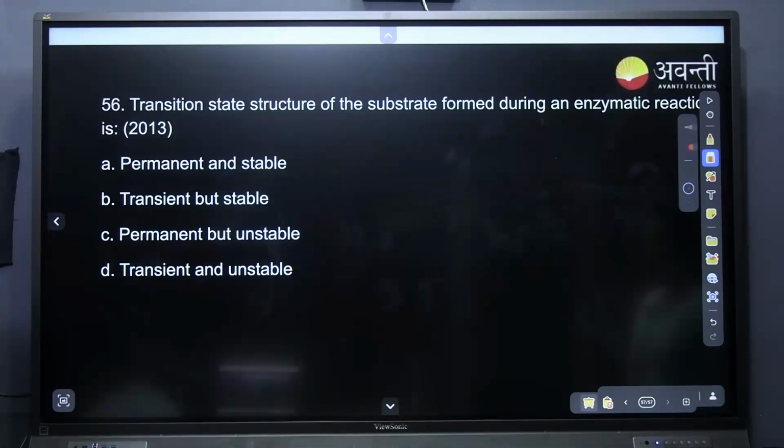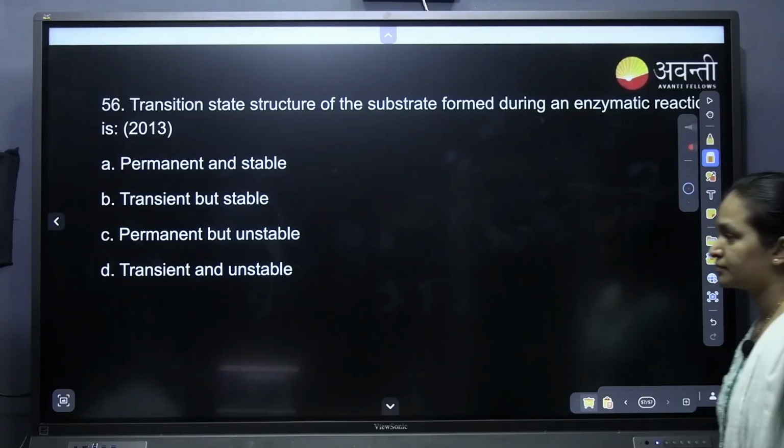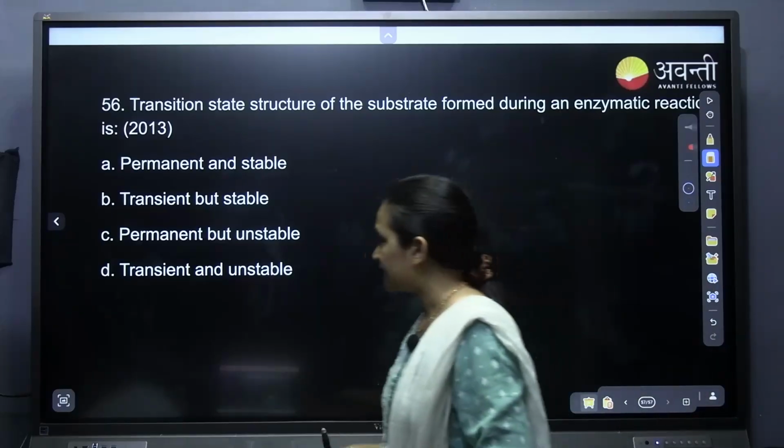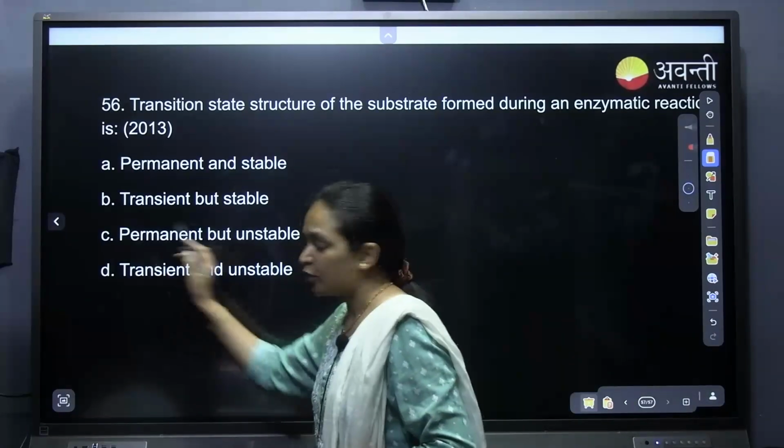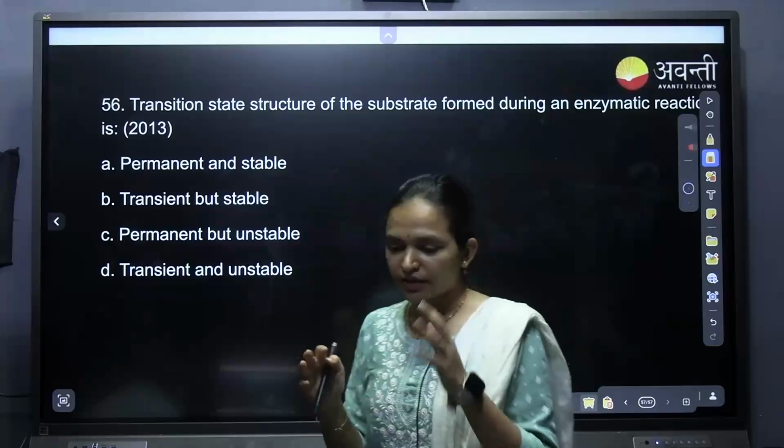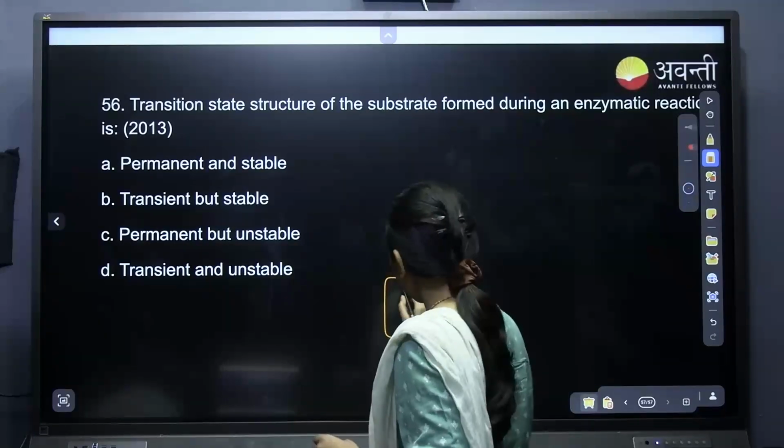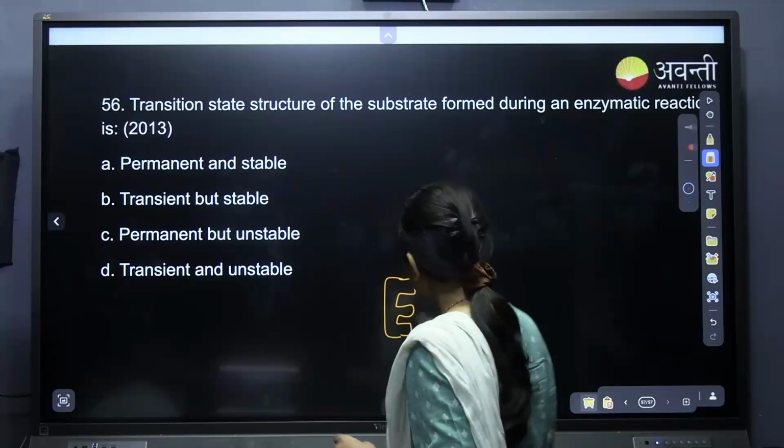The transition state structure of the substrate formed during the enzyme reaction is actually transient and unstable. It cannot be permanent.